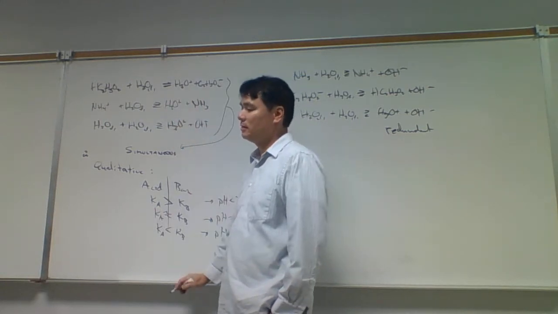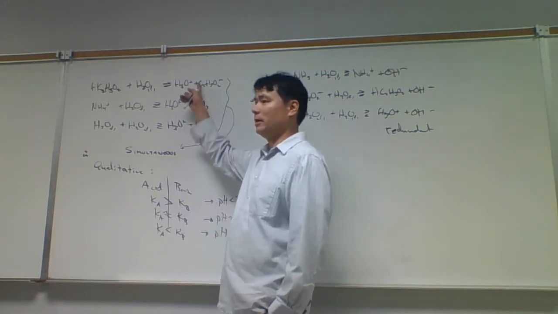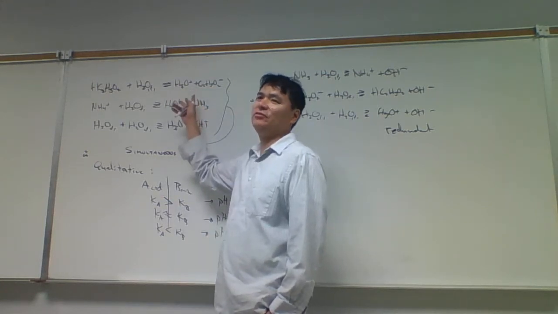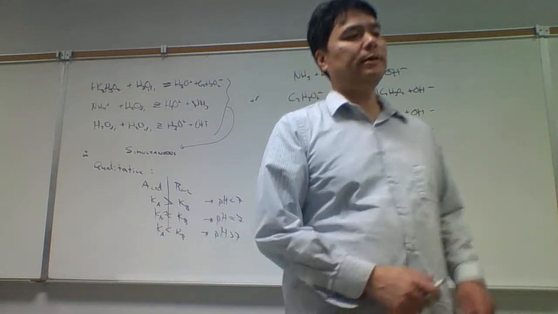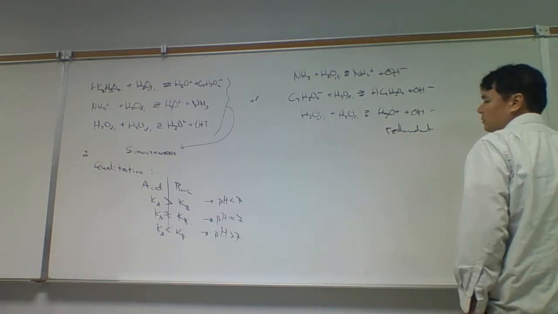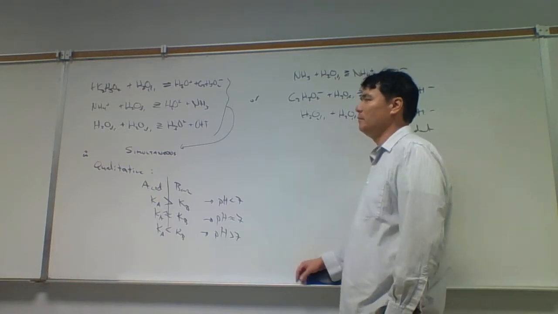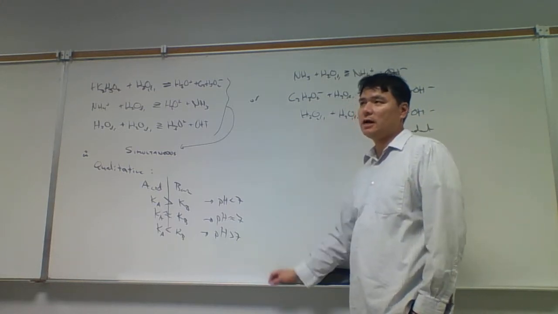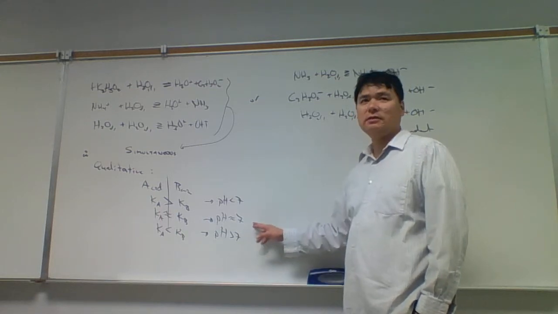We did 2 equilibria simultaneously and we didn't even finish the math. We just gave up, basically. So basically you just have to be able to do a qualitative prediction. The Ka and the Kb, I didn't say they're exactly the same, I said they're the same to 2 sig figs. So the pH is close to 7.